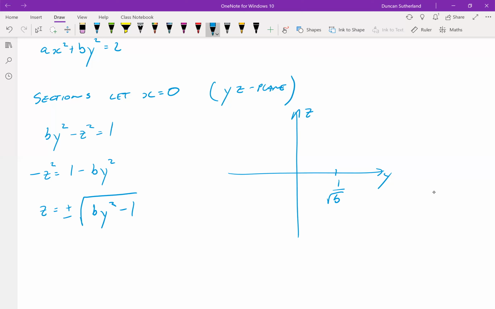Because that's what's going to give us something positive in here. Other than that, we're going to get something that grows like the square root function. It's going to be a bit faster than that because we've got a squared, but we've still got this minus 1 thing. We're going to get something that looks like that for the positive branch, and we're going to get this for the negative branch.